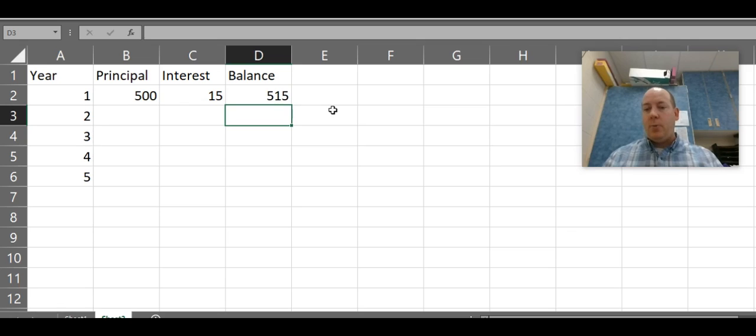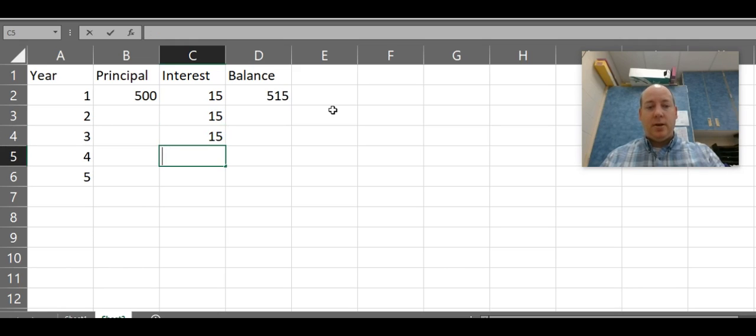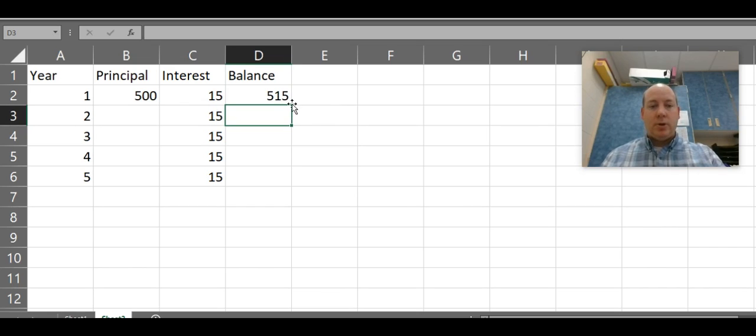Okay. Now the way simple interest works is I always just get interest on that initial $500. So basically each year I'm going to get $15 in interest. So year 2 I will get 15, and so on. Okay. All right. So my balance then is just going to be, like balance 2, I'd have my 515, right?